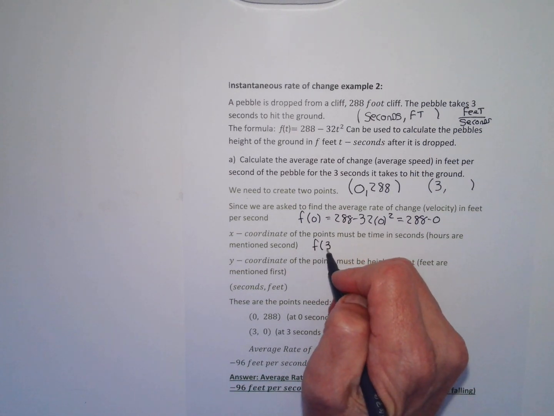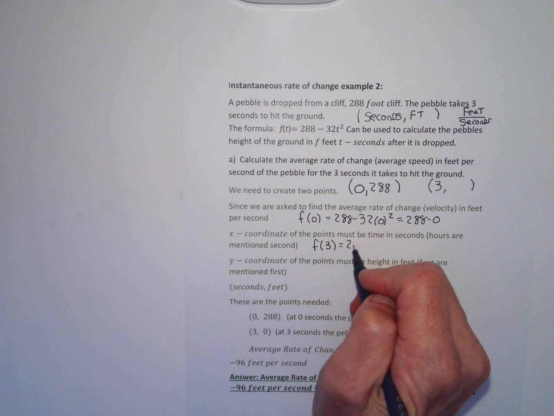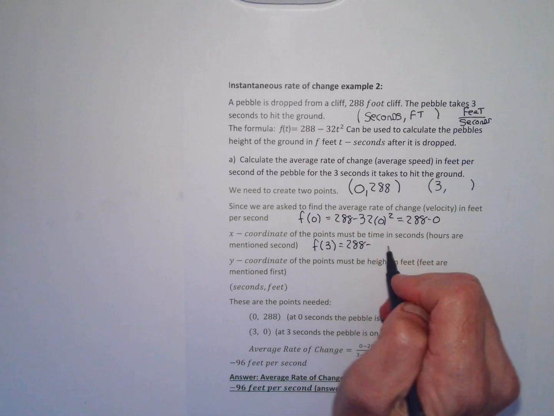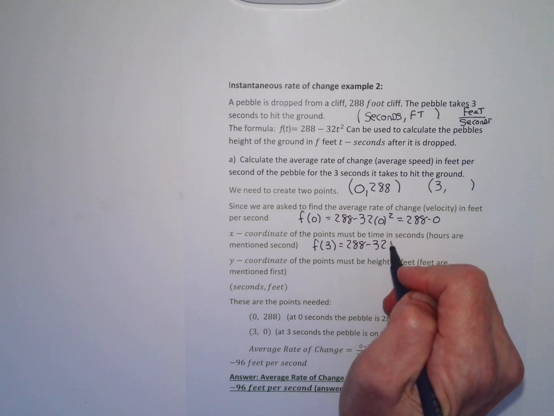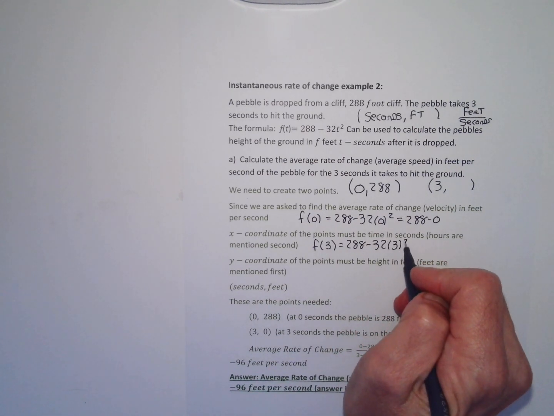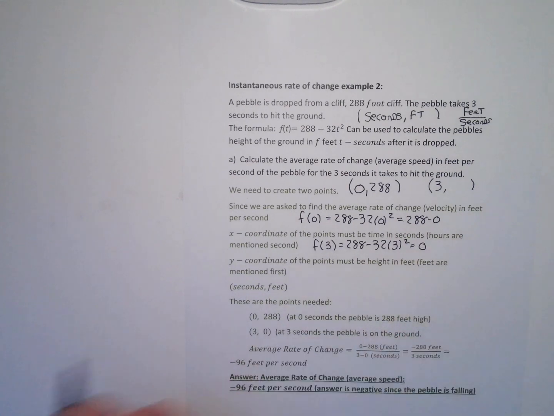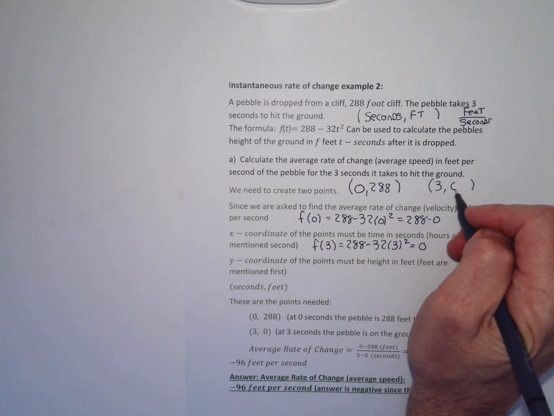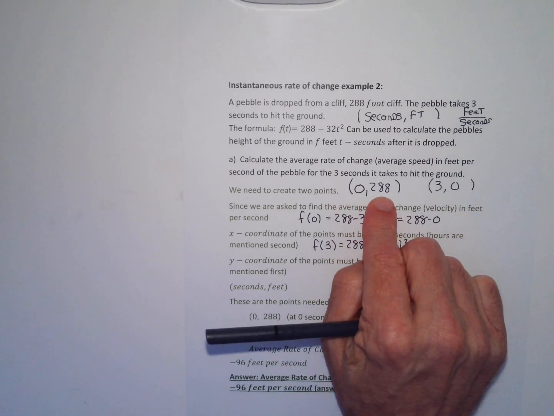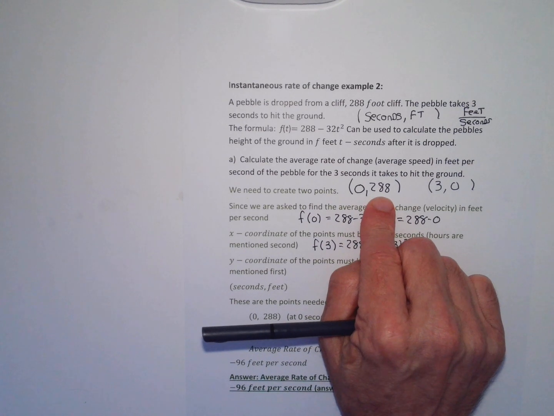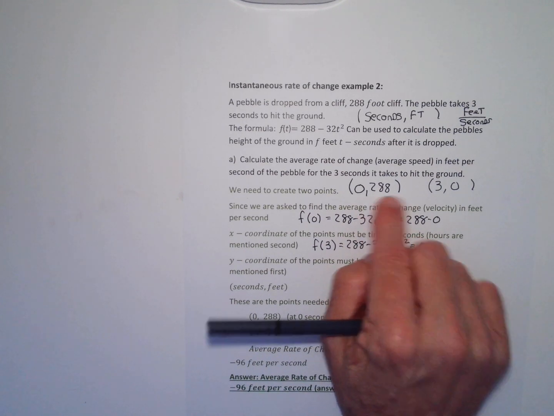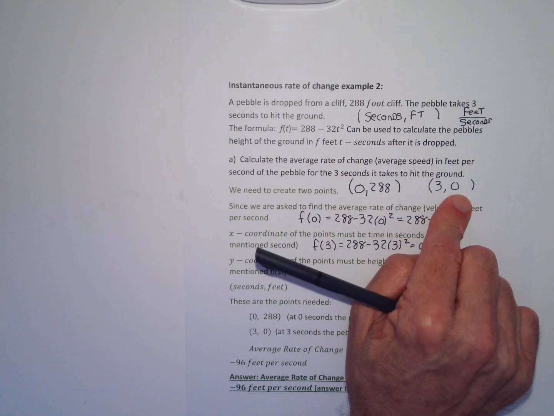So when I do f of 3 and do 288 minus 32 times 3 squared, this, if I do it on my calculator, is going to give me 0. So it says at 0 seconds, right at the instant it starts to fall, it's at 288 feet. At 3 seconds, it hits the ground, and it's at 0 feet.